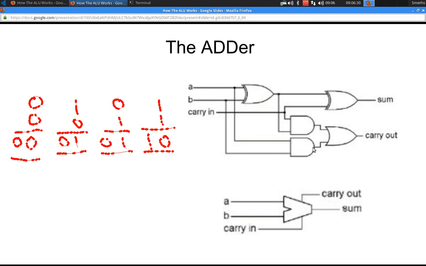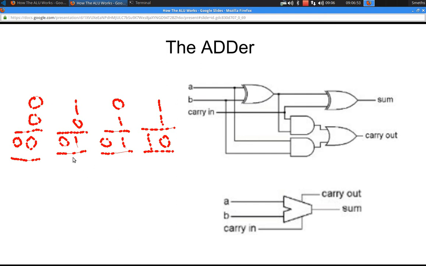Now this output will always be 0, so the carry out will effectively be 1 when A and B are both on, okay? Because again, this one always outputs 0 now, so the only way this can possibly be on is if this input's on, alright? So that does work in exactly the same way as before.